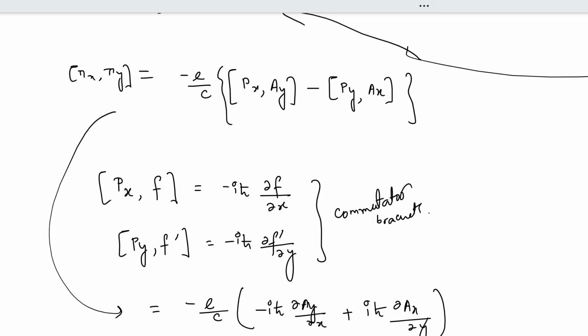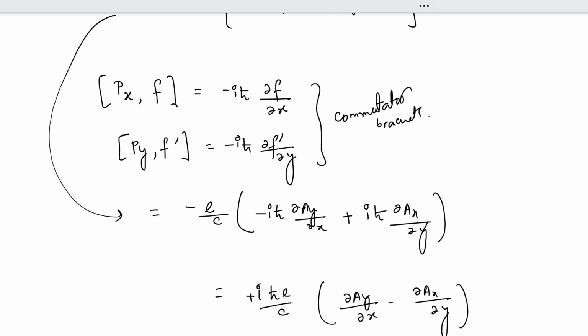So you know that curl of A is equal to B, right? So B is equal to nothing but x cap y cap z cap, del del x, del del y, del del z, then Ax Ay Az. So you can see only the z component of B is having z cap times del Ay del x minus del Ax del y.